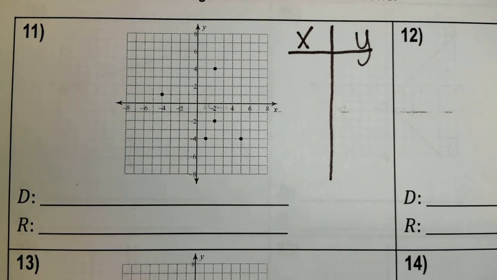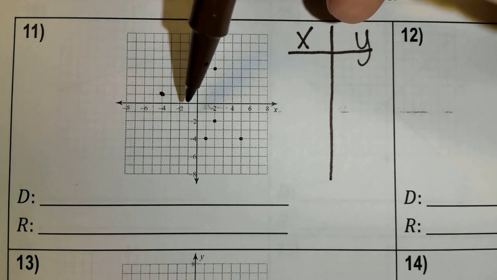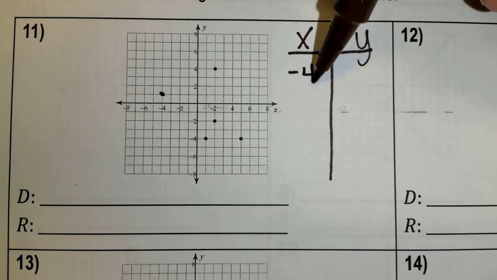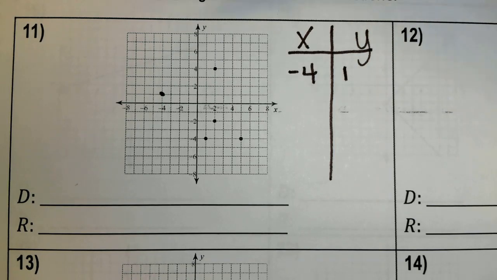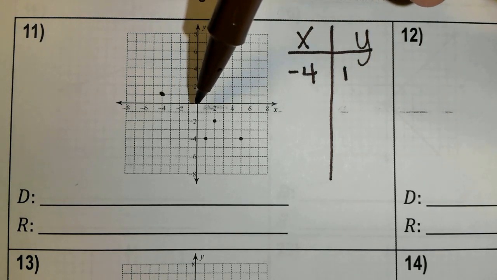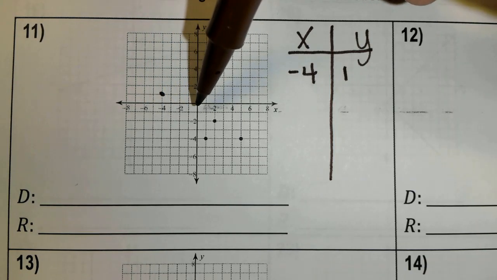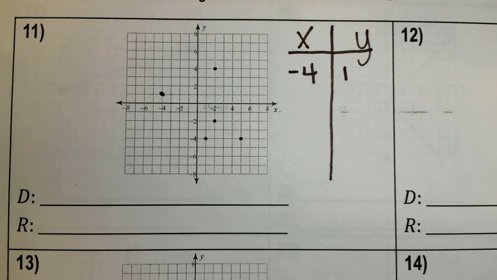I always go from left to right when I do these, so I'm just going to start with this first point right here. That point is -4, and then up 1. If you need help with that, I always start in the middle, and if I go left, you can see these are labeled, very small, but left 1, 2, 3, 4, so it's negative.